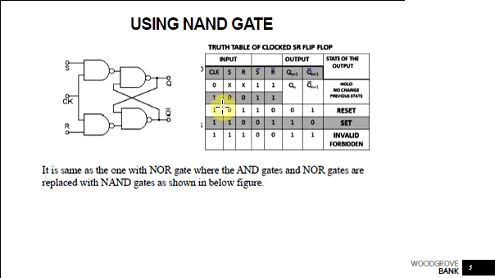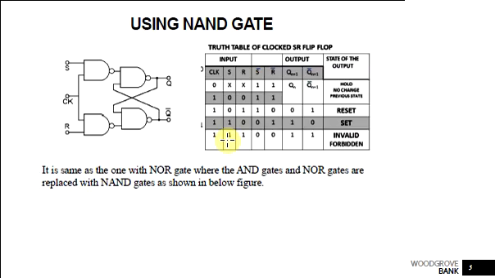When the clock is high and S is equal to 0, R is equal to 0, again it corresponds to no change. When the clock is high, S is equal to 0 and R is equal to 1, it corresponds to reset, where Q is equal to 0, Q bar is equal to 1. When the clock is high, S is equal to 1, R is equal to 0, it corresponds to the set condition, where the output is high.